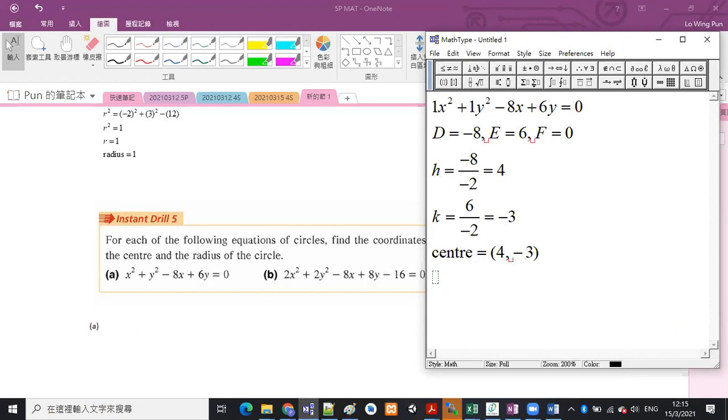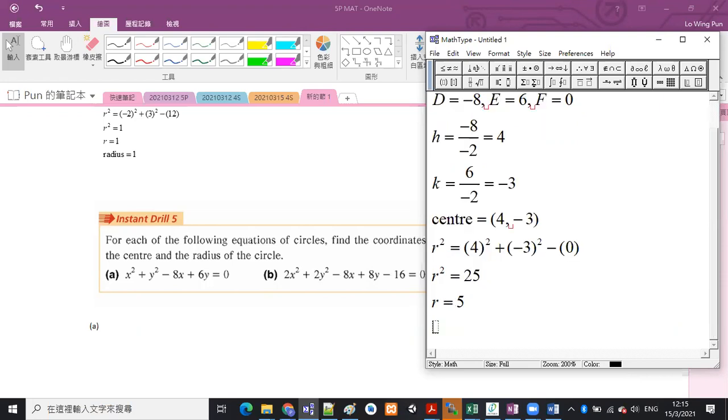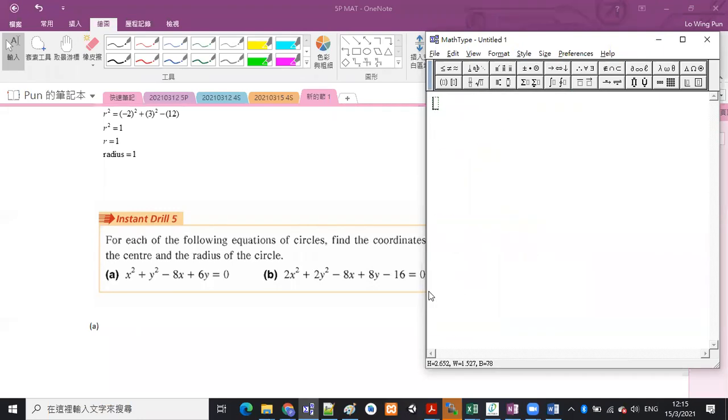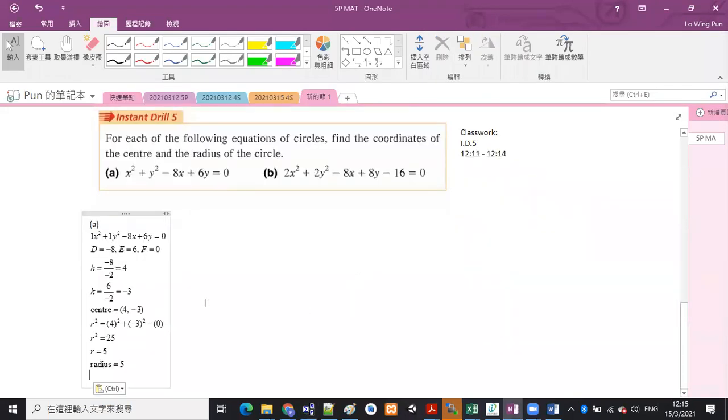And then the r square is equal to this h square plus this k value square, and then minus f value, that is 0. So r square is equal to 25. And then taking square root, so r should be equal to square root of 25, that is equal to 5, which means that the radius is equal to 5. Is that okay?